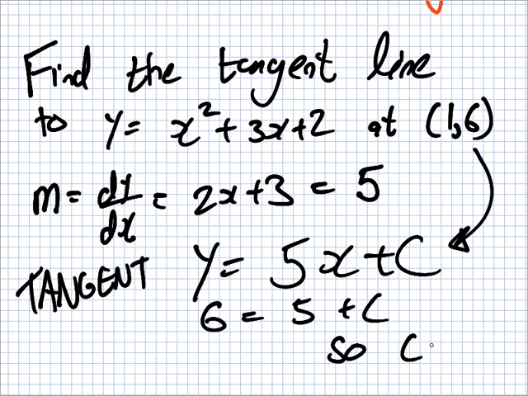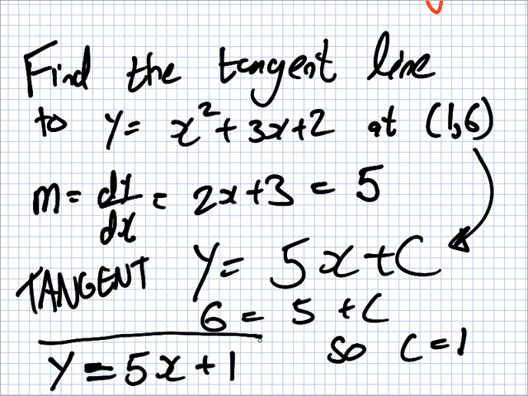So c equals 1. And here's our answer. Our answer is y equals 5x plus 1. Now you can appreciate that that's a much easier way to do it than what we did a couple of weeks ago. So once you write that down, I'll give you something to try before continuing. So there's our first example.